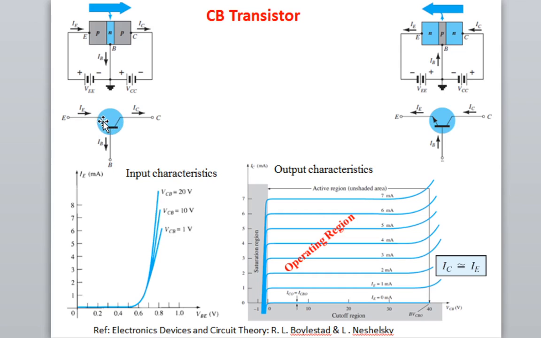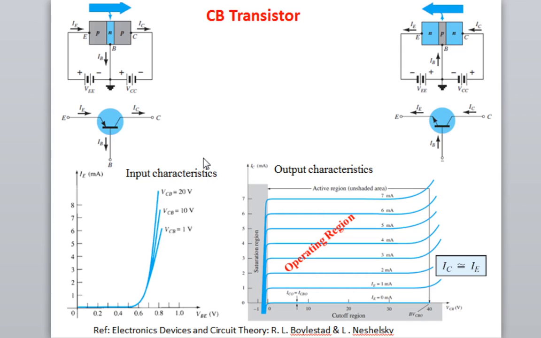So in the symbolic representation of a transistor, the segment which has the arrow is always called the emitter. If you see here, the arrow is marked on this line, so this is the emitter, and here the arrow is marked here, so this is the emitter. But remember, this arrow should be within the circle. If it is out of the circle, then it is not valid.